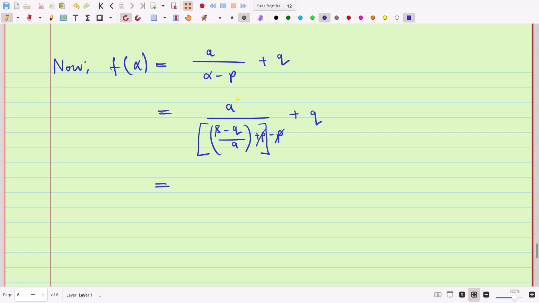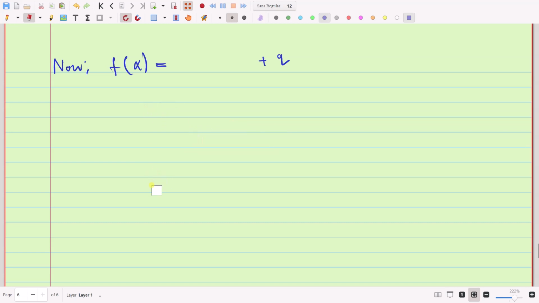Sorry, I think I made a mistake here because this is not going to actually give us what we need. I'm supposed to rotate this so that it becomes a over beta minus q.